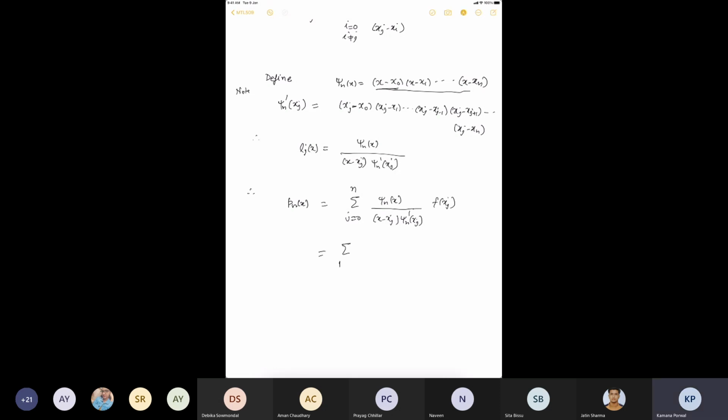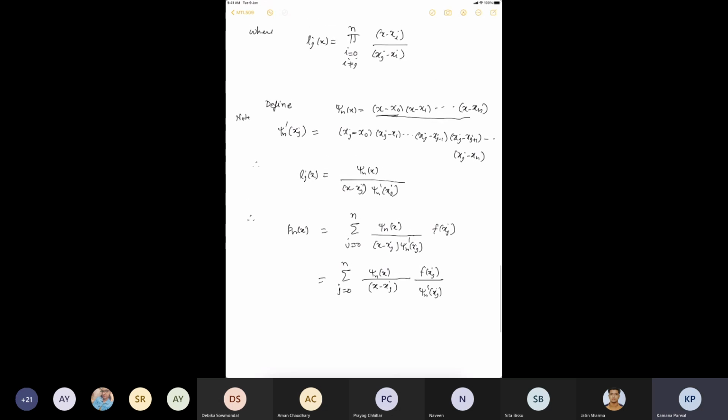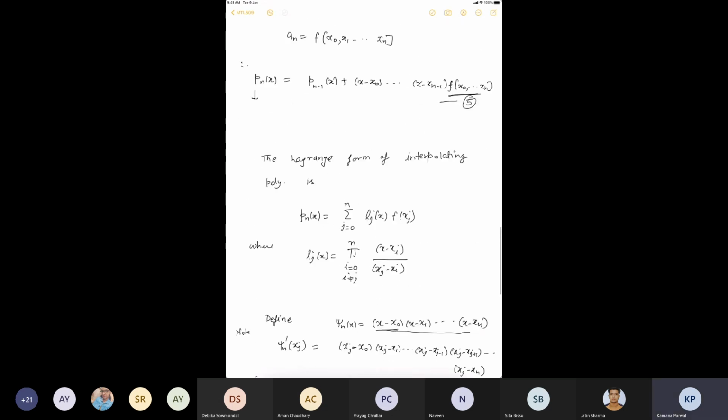Let me write the constant term separately. This is a function of x, with x minus xj, and f(xj) divided by psi_n prime of xj is the constant term here.